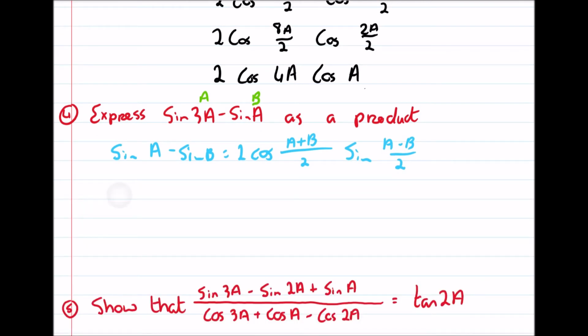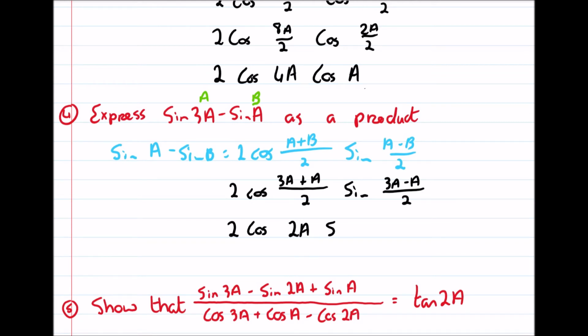So we'll be left with 2 cos (3a plus a) sine (3a minus a). This will leave us with 2 cos 4a over 2, which is 2a, sine 2a over 2, which is a.